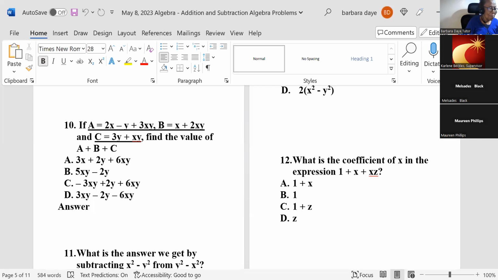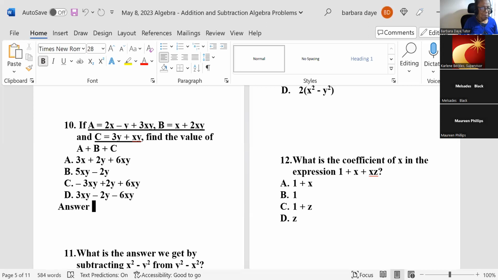So you have 3x. That's one. And then y by itself, you have 4y. 1 and 3 make 4y. And then you have 3, that is 5y, and 3y plus xy.